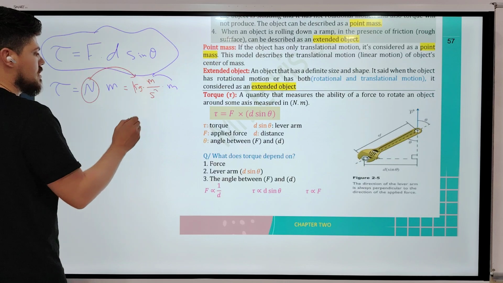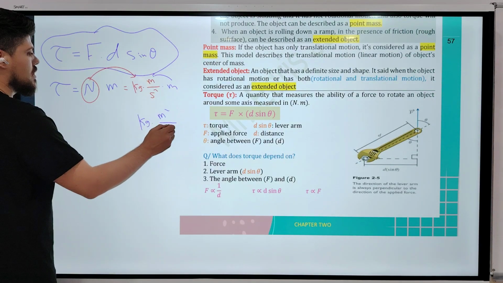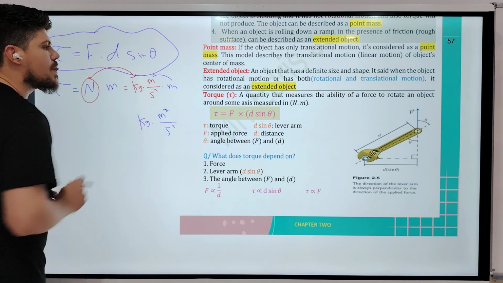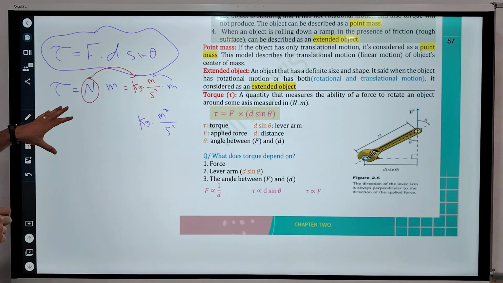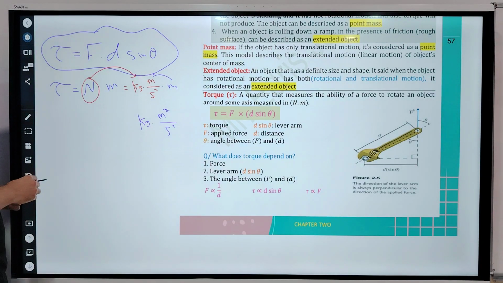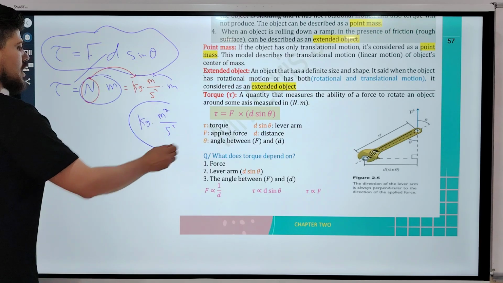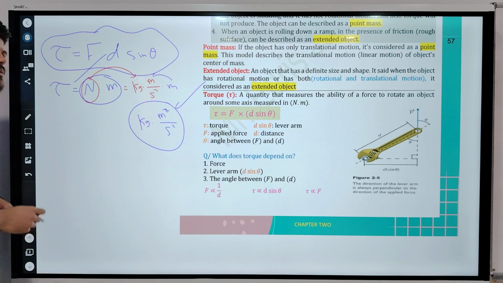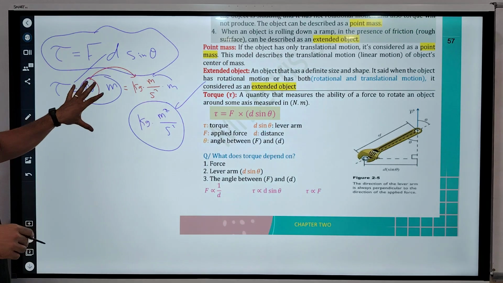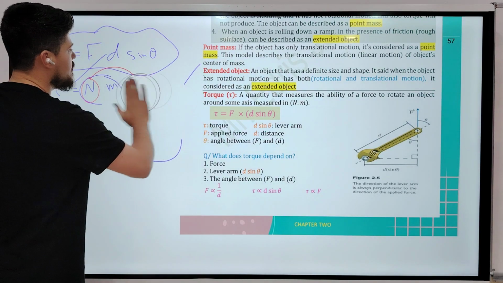Meter times meter becomes kilogram meter square per second square. So if the question says the torque can be measured in which of the following units, newton meter is right, yes, and kilogram meter square per second square also is right. Be careful. Just open the newton and you can get these units.